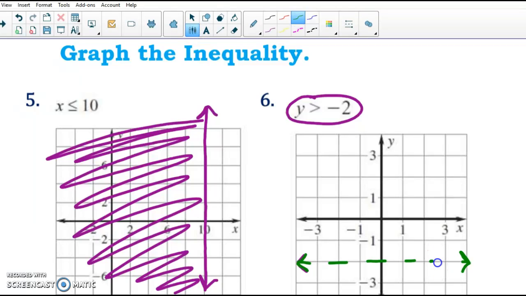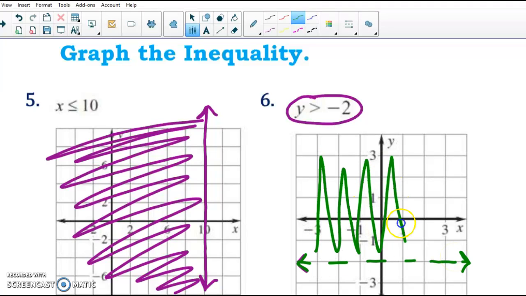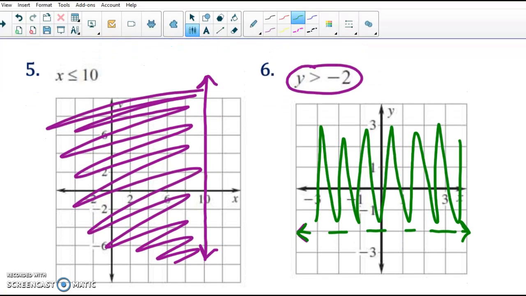And my pen tool's not working. There we go. So I have a dashed line here, and I'm going to shade everything that is greater than -2. So keep an eye out for your vertical and horizontal lines.